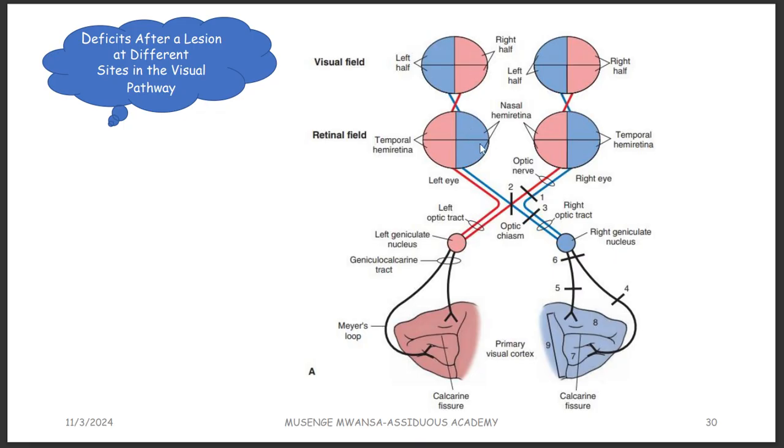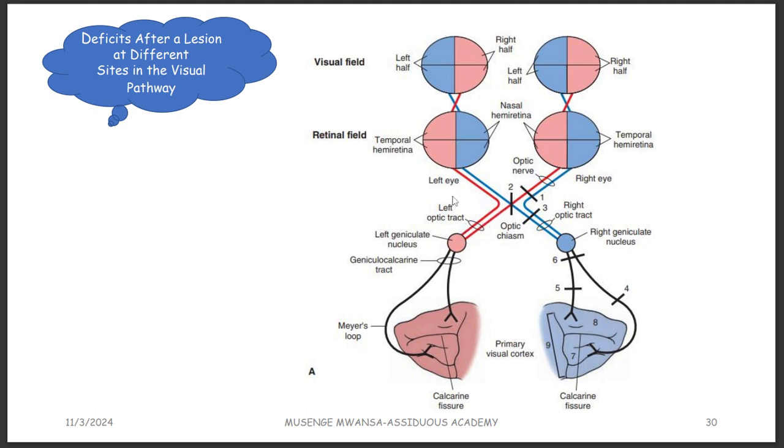It's different from the nasal hemiretina. The nasal visual field of the left visual field is going to go to the temporal hemiretina, and you can see information is going to be taken like that.